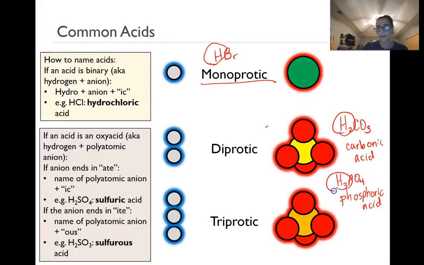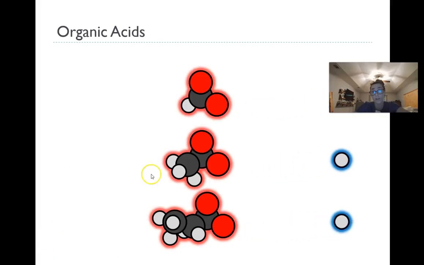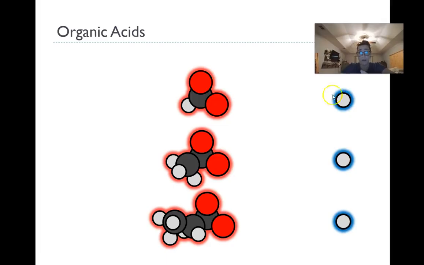And then something like phosphoric acid, H3PO4, can donate three protons, so it is triprotic. While some acids can be monoprotic, diprotic, or triprotic, organic acids, on the other hand, can usually only donate one proton. So usually organic acids are only monoprotic. That's just because of the nature of the molecule. They only have one proton that they can donate.